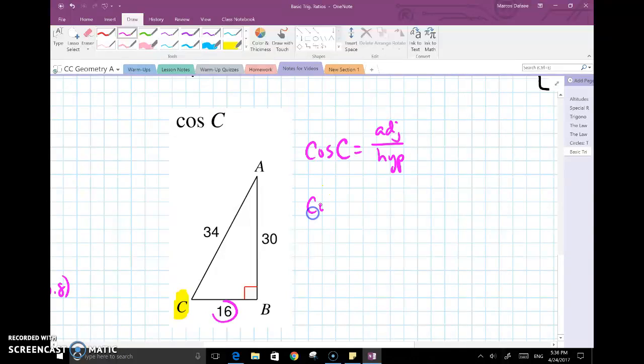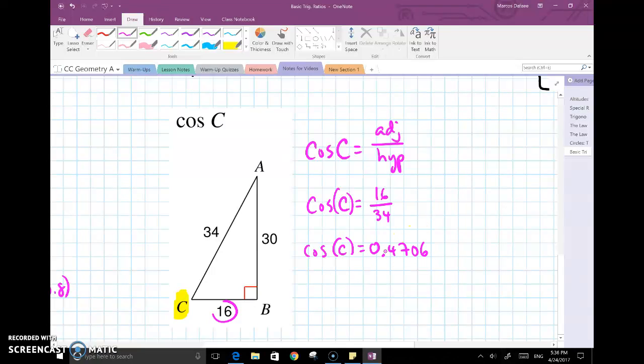And that means that we have cosine of C being equal to 16 divided by 34. Now 16 divided by 34 is 0.4706. So cosine of C is equal to 0.4706.